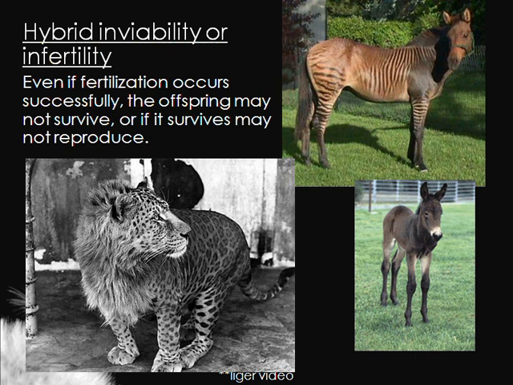So in the wild, if you were to get a liger, it would die at a very young age because they grow too much essentially. They get too big and they can't survive. But if we breed them in captivity, then people can give them medical care to allow them to survive. In the wild, that wouldn't happen. So inviability means they would die, like a liger. Infertility means they can't have their own offspring, like a mule.